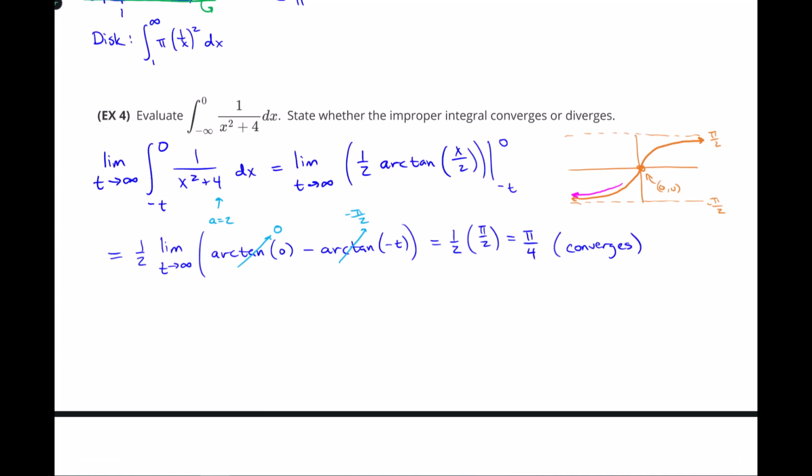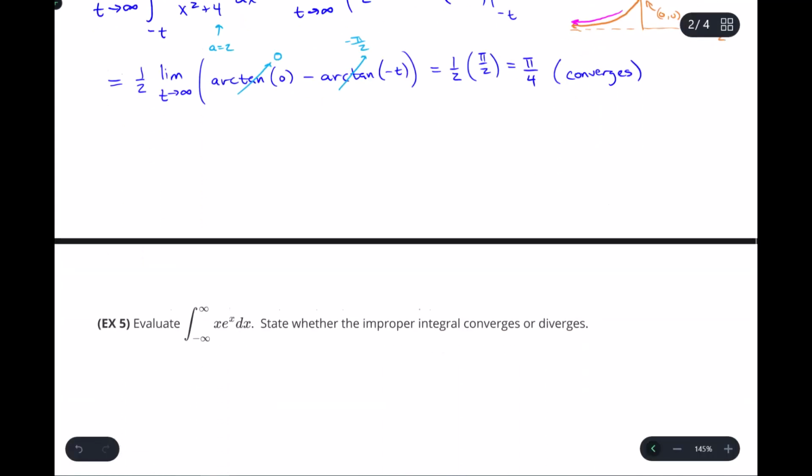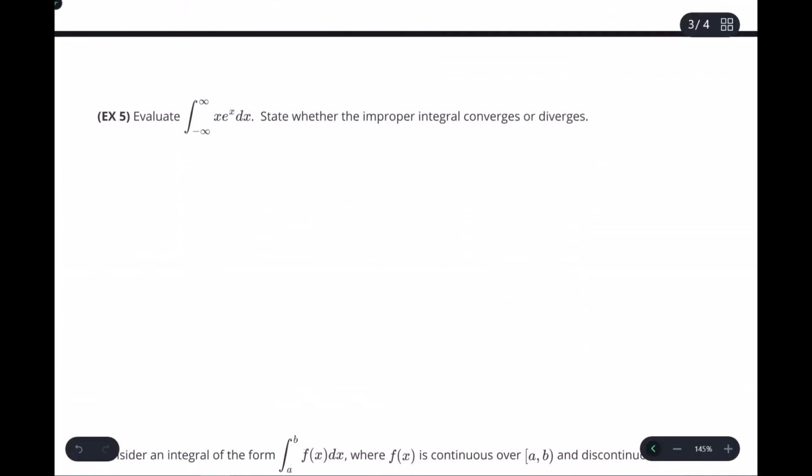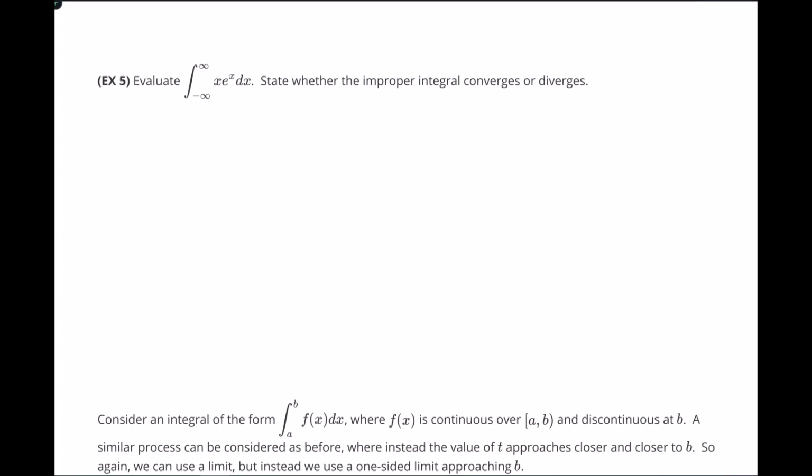All right, I have another example for us here. This one using a logarithmic function. And we have both endpoints being infinite. Okay, so when we set this up, the thing about having both endpoints being infinity is it's probably a good idea to just split the problem up into two separate pieces.